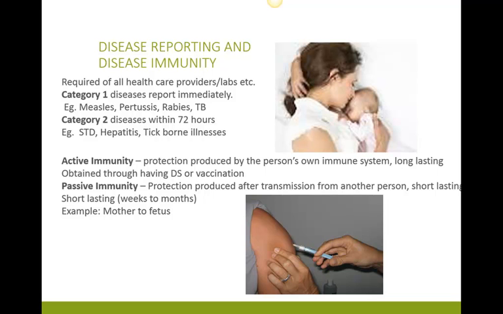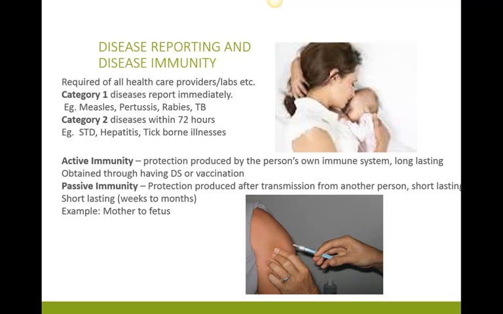So category 1 would be active TB cases, measles, pertussis, things that can spread quite quickly in a population. Category 2 like STDs, tick-borne illnesses, things like that.